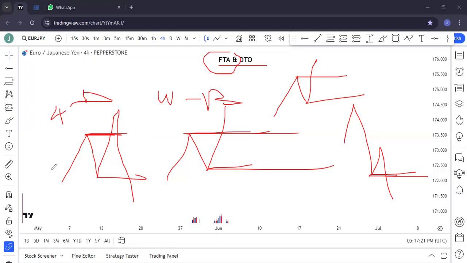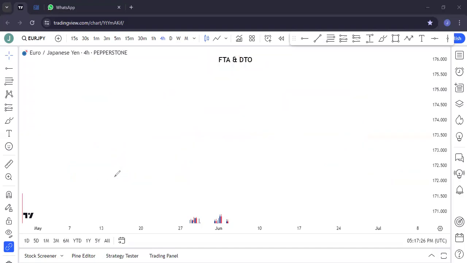So how do we use FTA now? In the last lesson, we learned about time frame coordination, where we have a constant time frame, a series of monthly, and we have a series of what? Of weekly. So monthly is coordinated with daily.